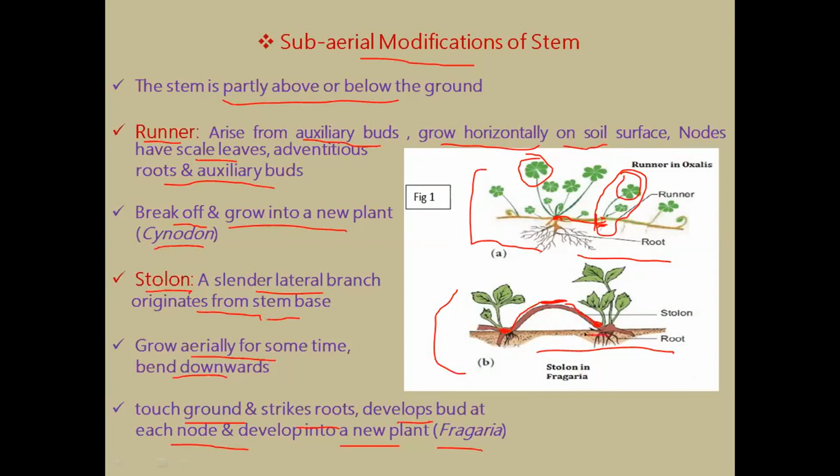And here it develops a bud first, then roots and leaves, and this breaks up from the parent stolon and develops into a new plant. A typical example of stolon is found in Fragaria, which is also known as wild strawberry.